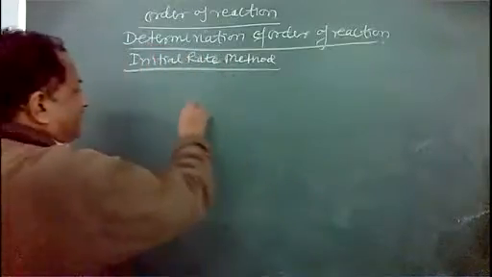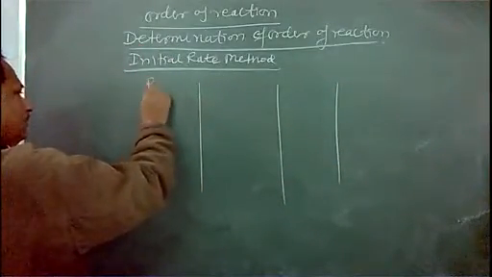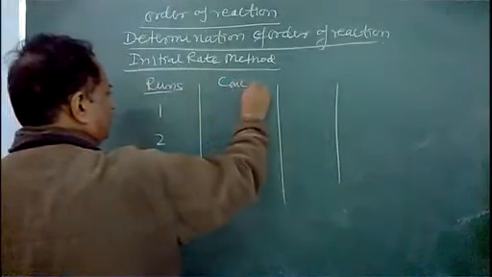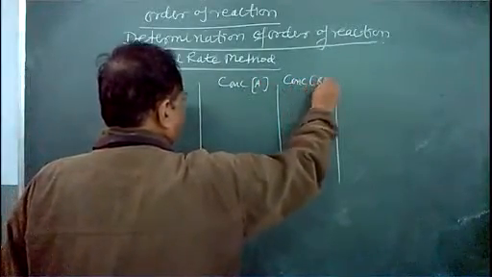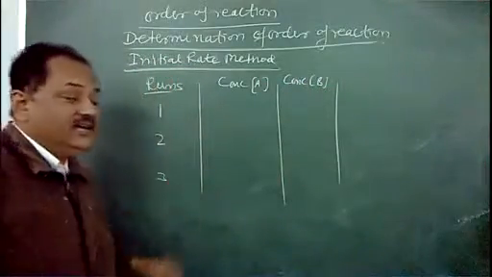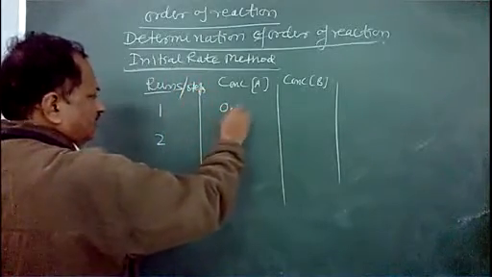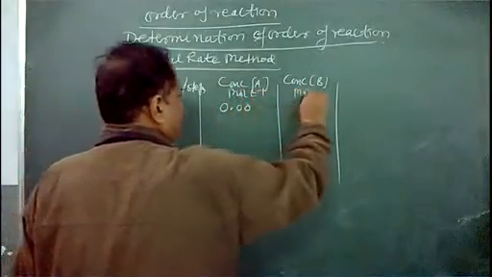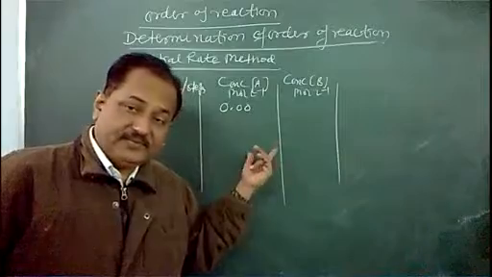So we prepare a table, and here we have runs 1, 2, 3, concentration of A, concentration of B. If A and B are the two reactants, then run means the steps, runs or steps. And the concentrations are in mole per liter, 0.0 at the start of the experiment.